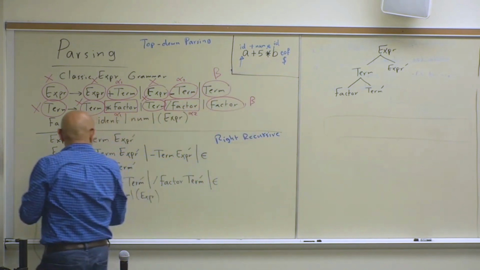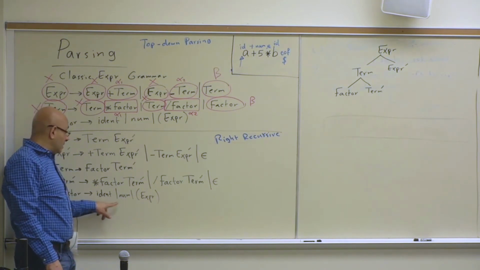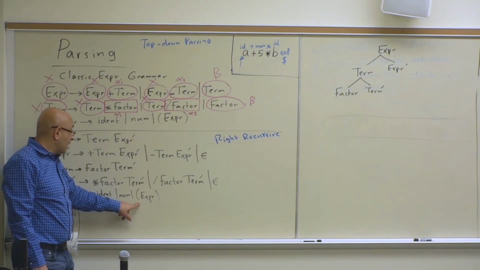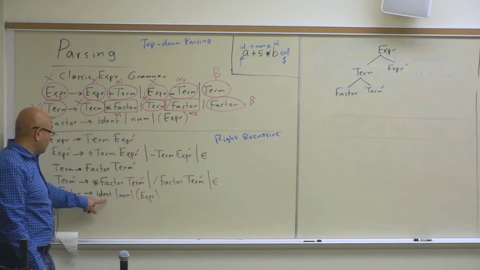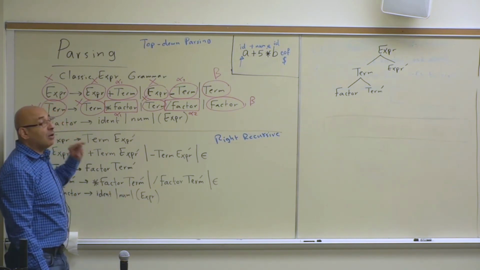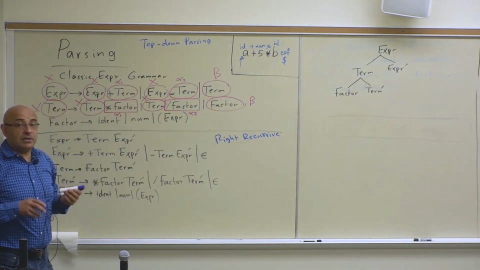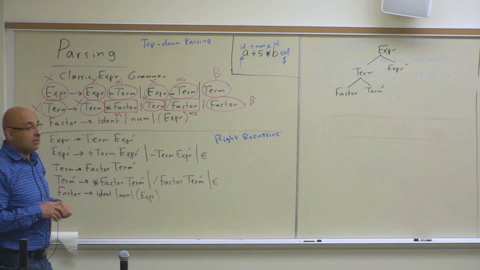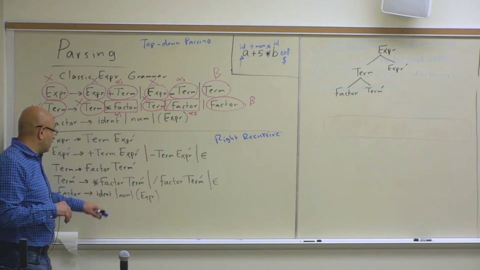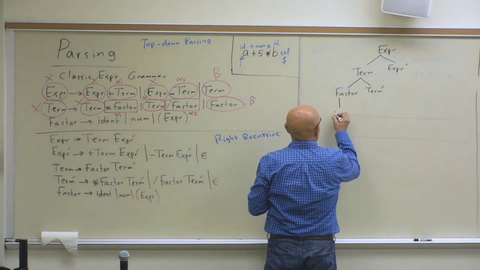So we have 3 options: one that starts with identifier, one that starts with number, and one that starts with open parentheses. And clearly, we have an identifier. We don't have a number. We don't have open parentheses. So this is the only right choice if this string is indeed a valid string that belongs to the language. So there is only one correct production that we can use. So this factor must be an identifier.